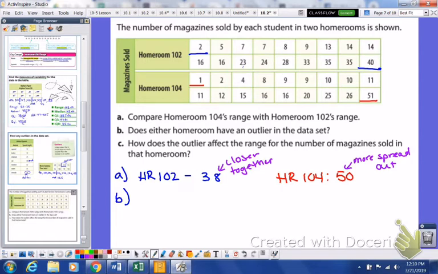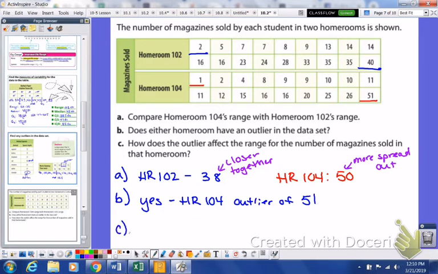And then if we look at homeroom 104, again, they seem pretty close together, some repetition, until we get from 26 to 51. That's quite a jump comparing it to the rest of them. So yes, homeroom 104 has an outlier of 51.